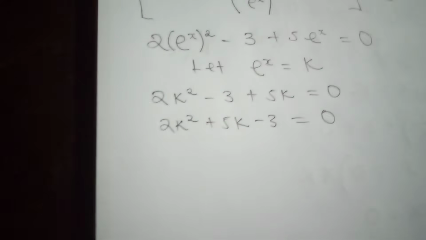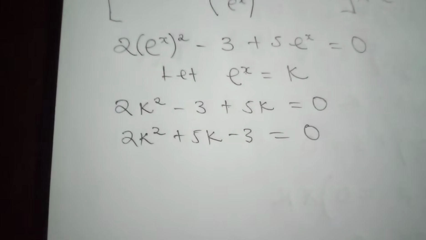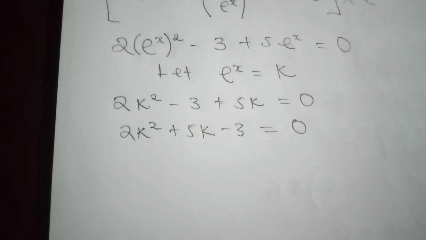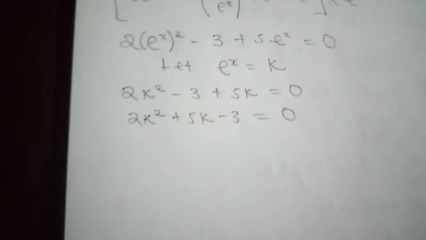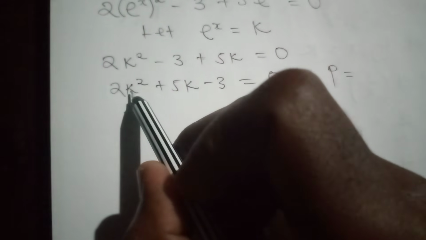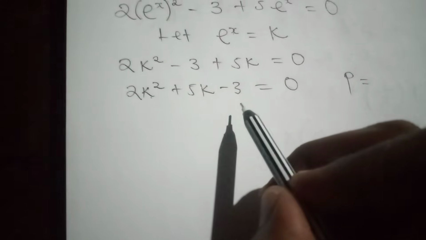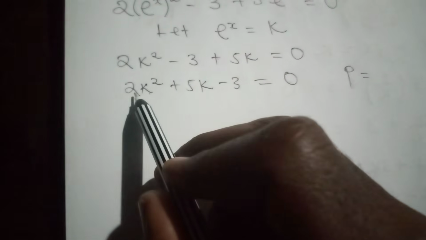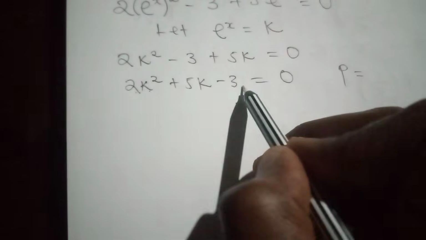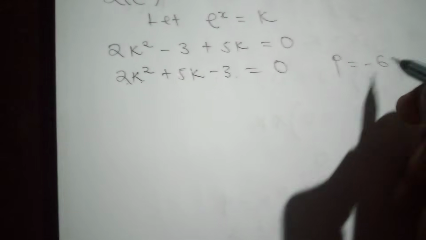So this is now a quadratic. I'm going to use the same procedure. To get the product, you have to multiply the coefficient of k squared with the constant number. So that is 2 times negative 3, which is negative 6.